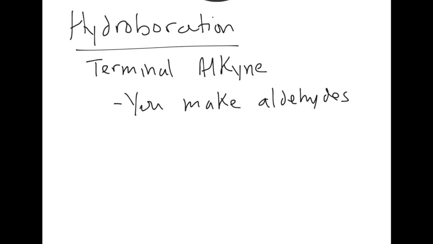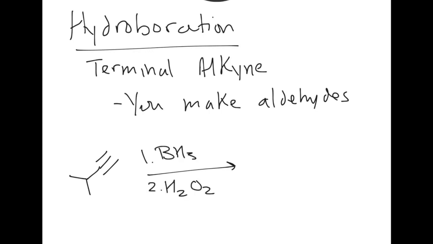So you have your terminal alkyne. Hydroboration is BH3, peroxide, water, and hydroxide. Even with an alkyne, hydroboration still is anti-Markovnikov, meaning that the hydrogen wants to go on the carbon with the most carbons, and the boron and oxygen are going to end up on the carbon with the least number of carbons on it.